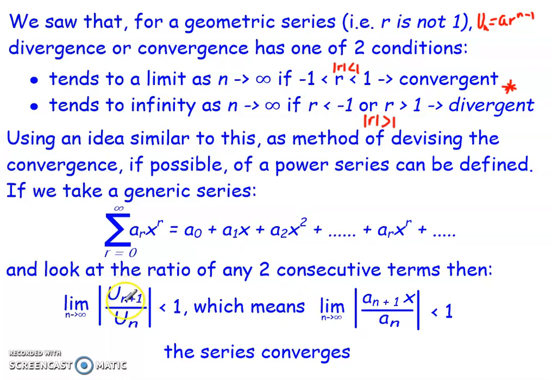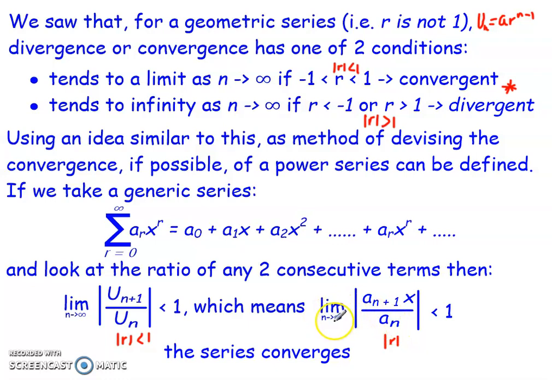Because if we take the ratio of two terms, un plus 1 over un, and calculate the magnitude of that, if we looked at the limit as n tended towards infinity, so the number of terms tended towards infinity, if that was less than 1, that would mean, that's another way of writing, our common ratio, the magnitude of it, is less than 1. Which is similar to this, but this is just it written in terms of generic terms. So an plus 1 x over an, again, that is what we would get for our common ratio if we looked at two specific terms.